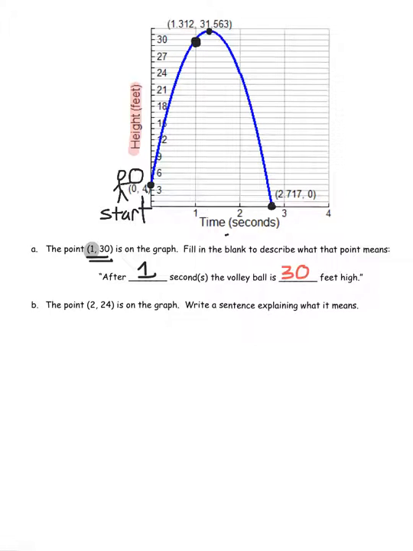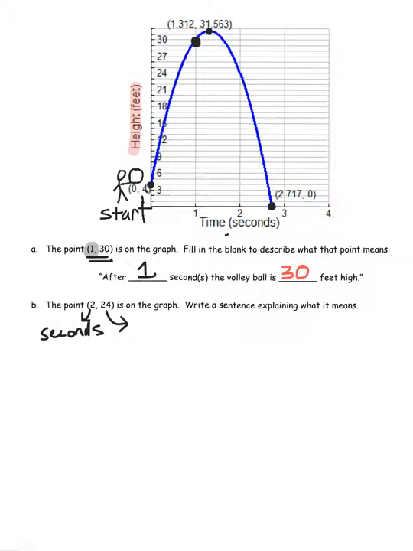So this point 1, 30 gives us a lot of information. It's not just a random x, y. All right, the next one gives us another point, and we're supposed to write our own sentence. This time it's talking about the point 2, 24. I'm just going to take a second to put an arrow. 2 is my x-coordinate. Remember, my x-axis is time, so this is going to be my seconds. 24 is my y-coordinate.